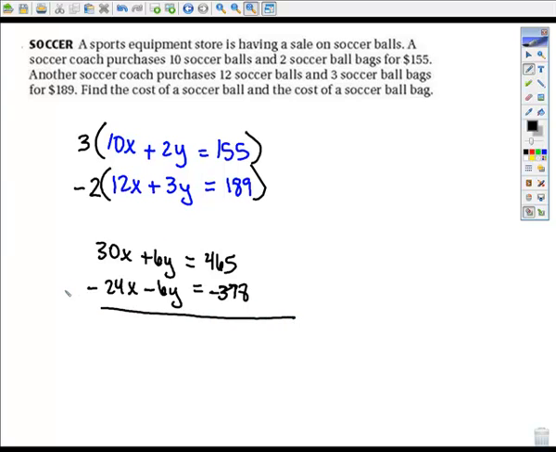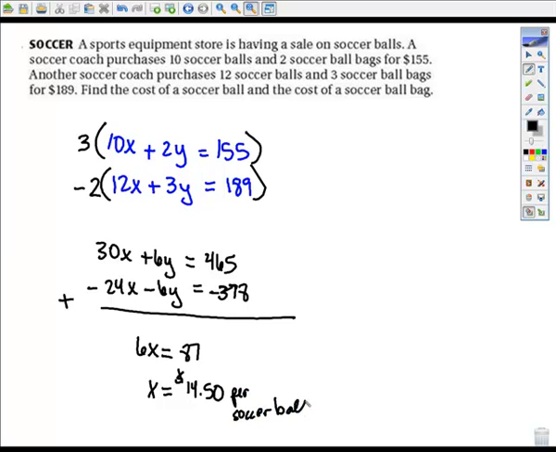I'm going to add and eliminate the y's. This gives me 6x equals 465 minus 378 is 87. Divide by 6. And x equals 14.5. Don't let that freak you out. That just means it's $14.50 per soccer ball.